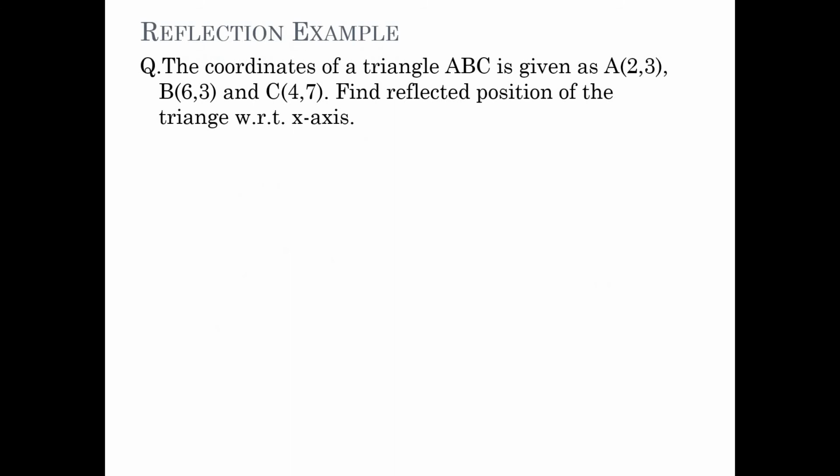The coordinates of a triangle ABC are given as A (2, 3), B (6, 3), and C (4, 7). Find the reflected position of the triangle with respect to the x-axis. We already know that reflection along the x-axis can be written as 1 0 0, 0 minus 1 0, 0 0 1.